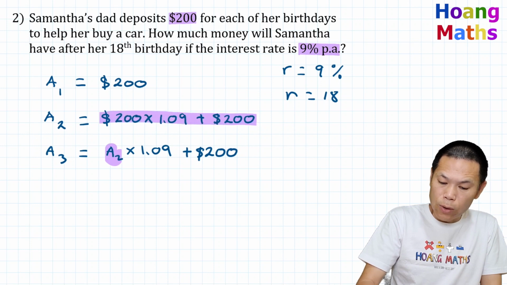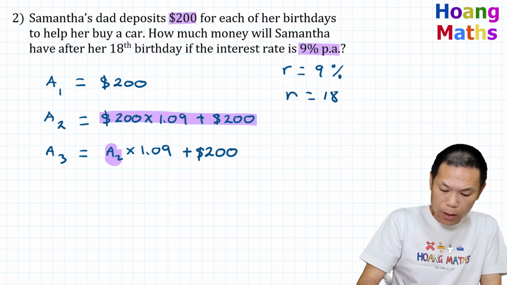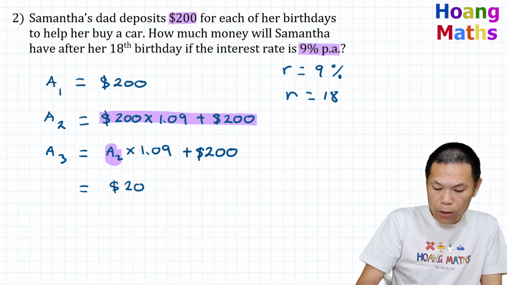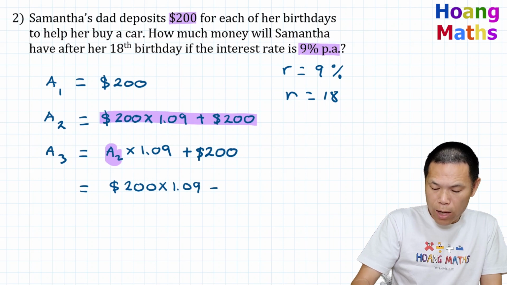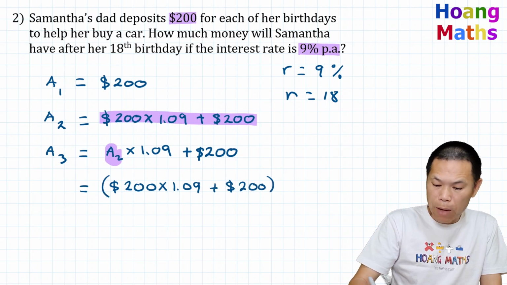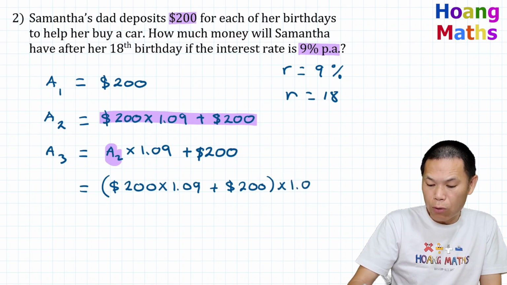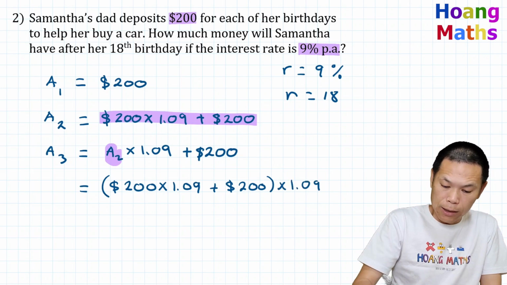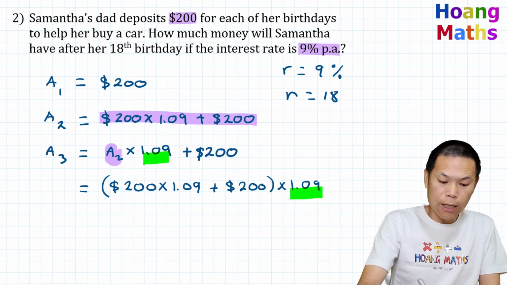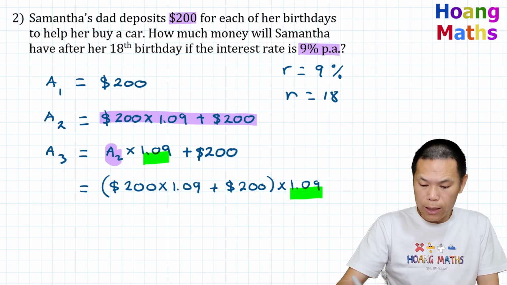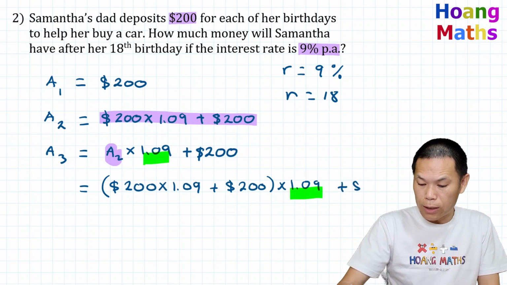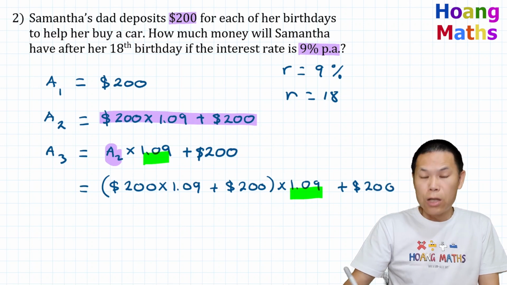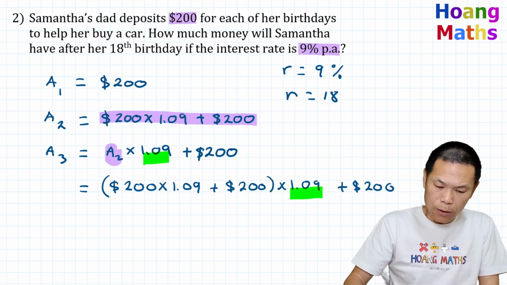And we know that A2 is this one here. So let me just rewrite this out. That gives me 200 times 1.09, we add 200, and we times by 1.09. And this is the 1.09 here. Keep that in mind. And don't forget the 200, we need to write this down as well. So let me just expand this out.